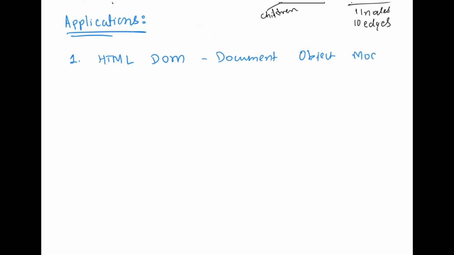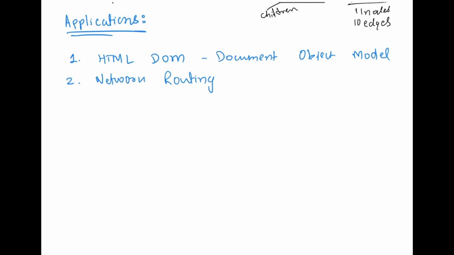If you are familiar with the HTML DOM, you must have come across the tree data structure being used in the official documents. But if you're not familiar with what the HTML DOM is, you can look it up on the internet, or better yet, search how the HTML DOM uses a tree. The other thing that comes to my mind when I visualize a tree data structure is network routing. Network routing uses the tree data structure as well.